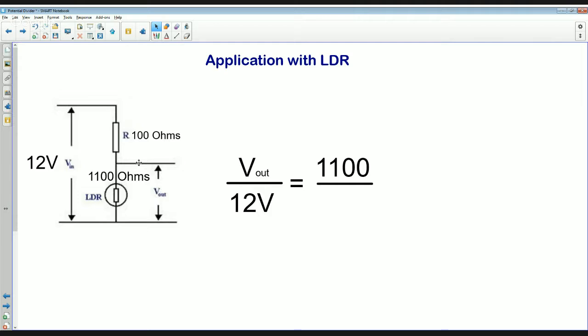Now we're looking at the total resistance over here. So the total resistance of the circuit would be 1,200 ohms, right?